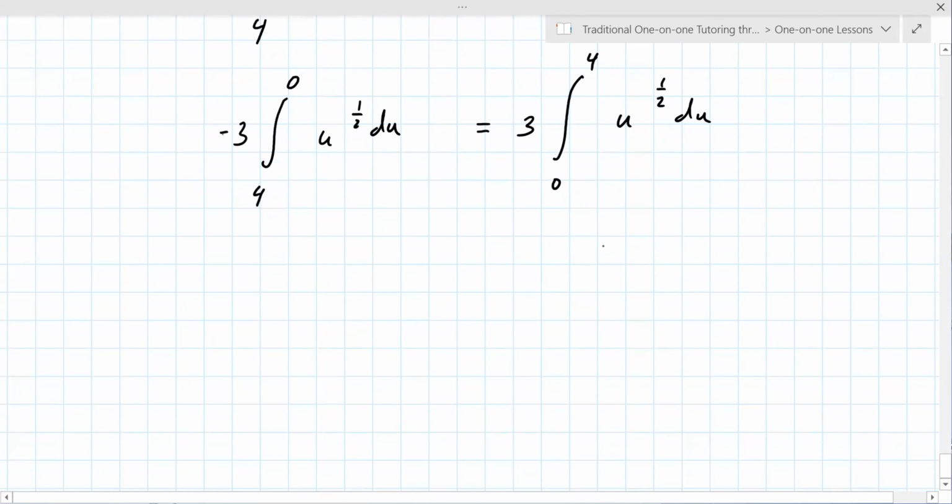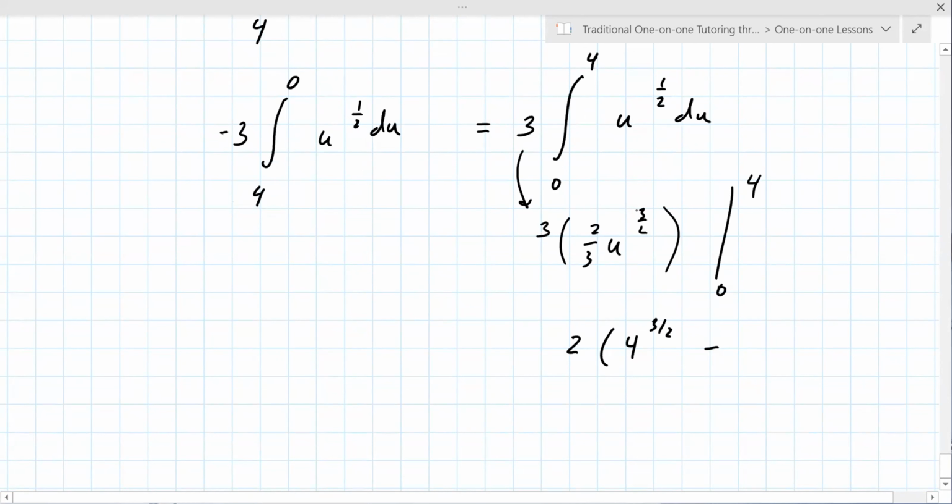Okay, so this gives you u to the 3/2, 2/3. 3 comes down, evaluated from 0 to 4. So this becomes 2 times 4 to the 3/2 power minus 0 to the 3/2 power, because 3 times the 2/3 gives you the 2. 4 is 2 squared, to the 3/2 power.